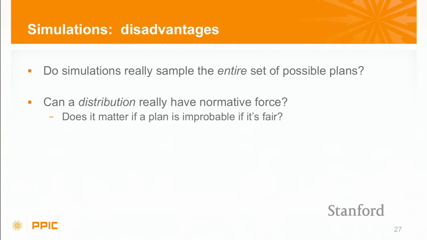The other potential issue with the simulations is, can you really say that a distribution of outcomes has particular normative force? And by that I mean, let's imagine a state that's evenly divided between the two parties, 50-50, in terms of the aggregate outcome.